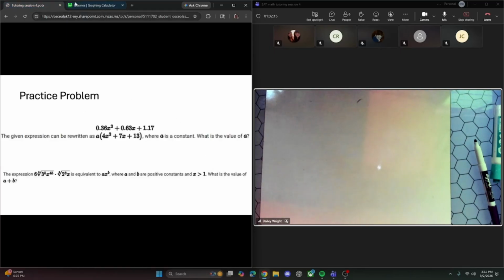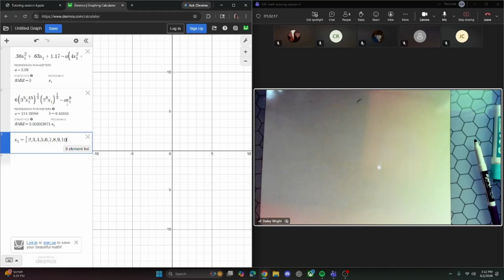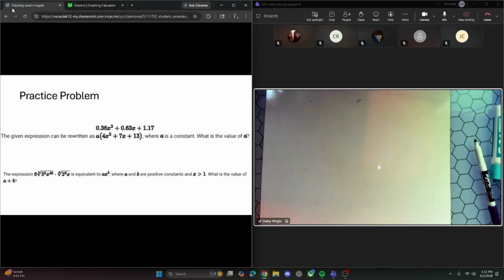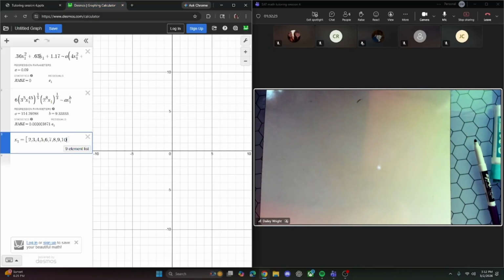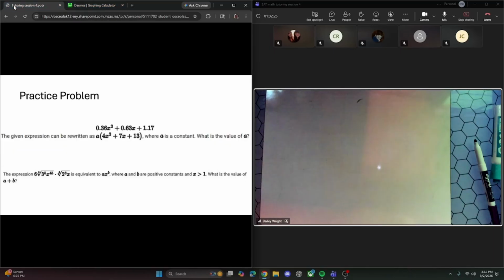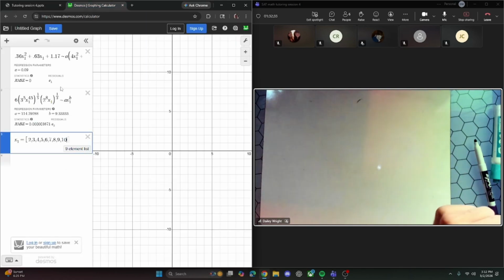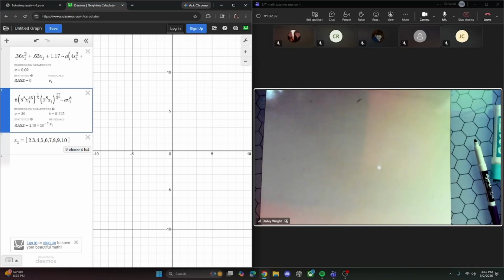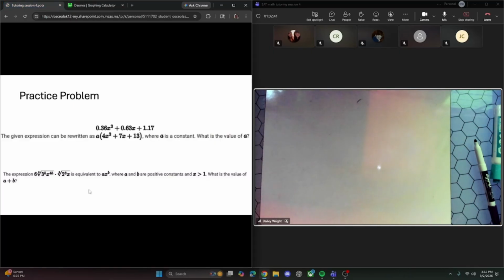And it says, what is the value of a plus b? I'm going to make sure I've got everything typed in right. 6 times 3 to the 5th times x to the 45th to the 5th. That might be an 8. One second.